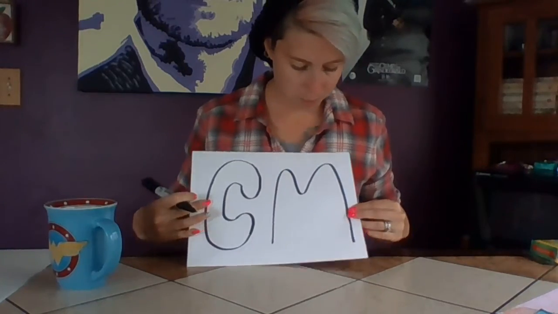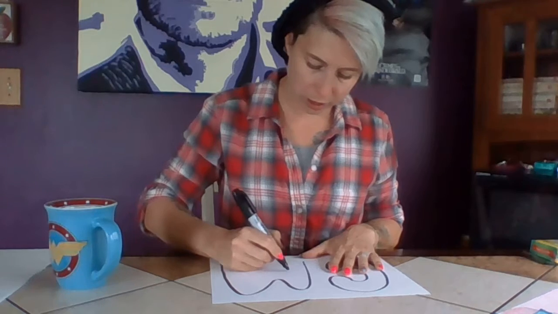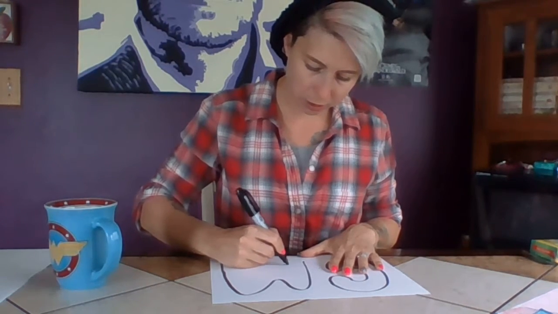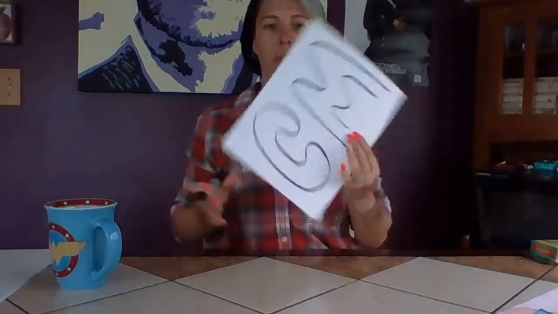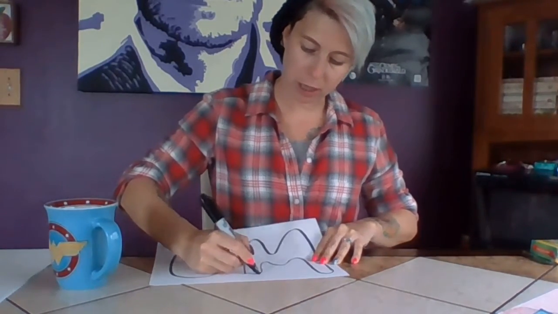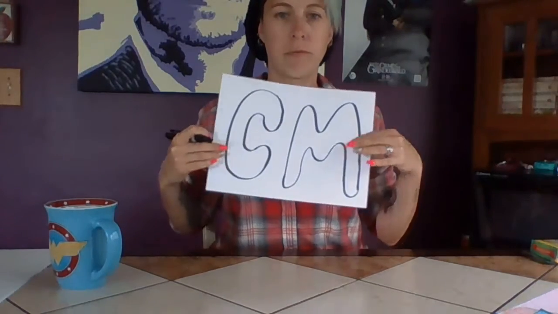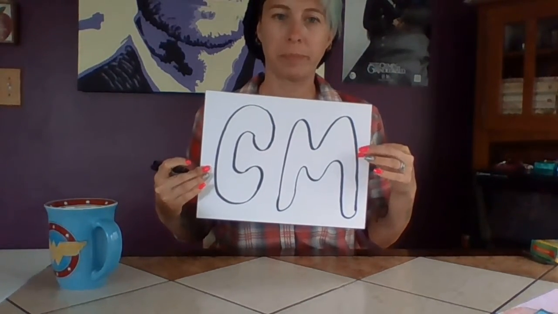And for the M, we're going to do something very similar. We're going to create a smaller M in the middle. And then once again, we're going to connect with just a little round edge. And that's how we do it.